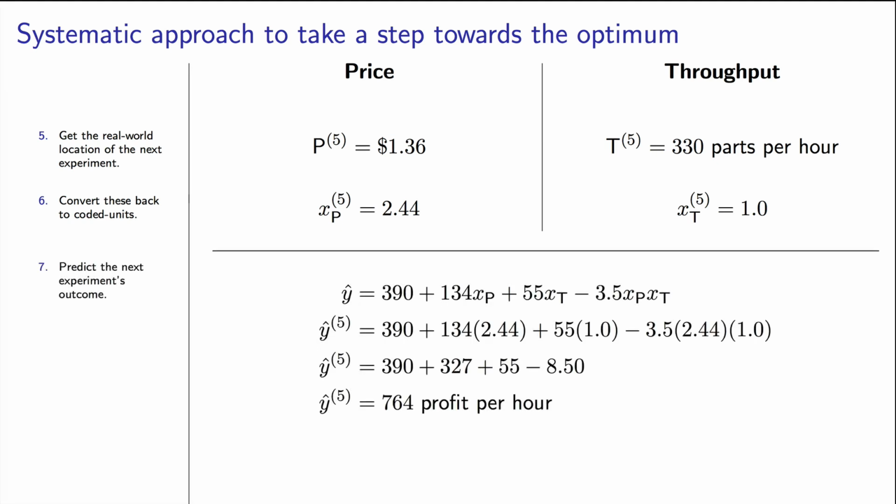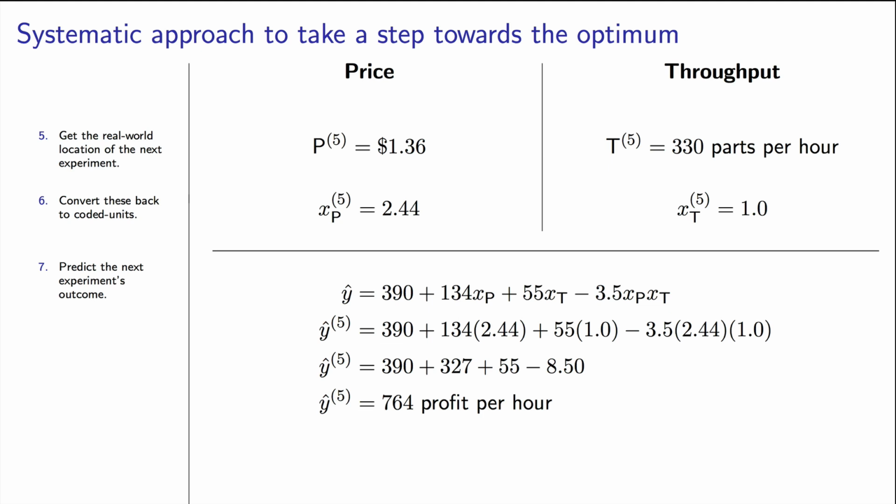It's always good practice before we run the experiment to predict what the outcome is going to be. Using those coded values, we can see that it's $390 from the baseline and another $327 increase due to the price, plus $55 increase due to the throughput change.